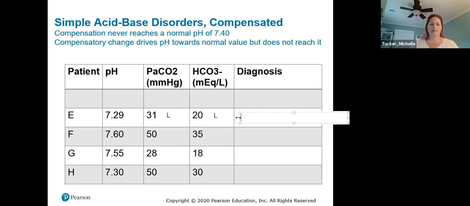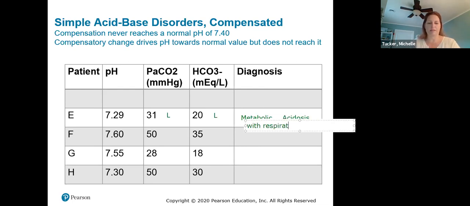So then we call it metabolic acidosis with respiratory compensation. Okay. So there is compensation, it's trying. So the pH would actually be worse if the CO2 was normal. So it'd be like 7.23.